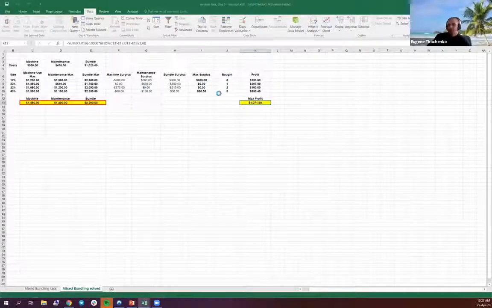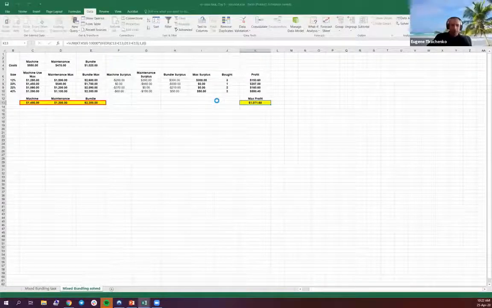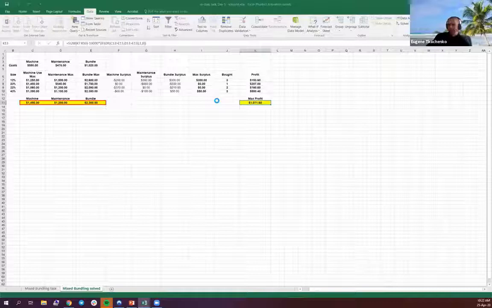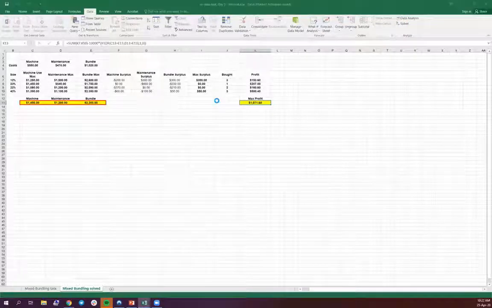So therefore it is considered as if it was purchased. Again, something you may want to play around with on your end, just to improve your model, because it is just for demonstration purposes.